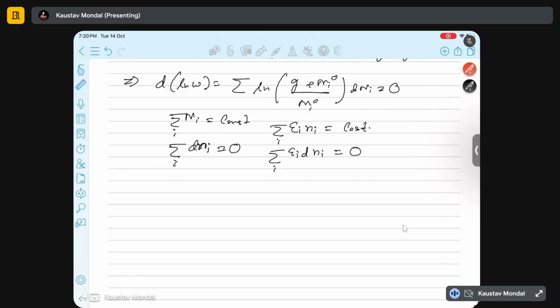So now we will impose the constraints into this equation.